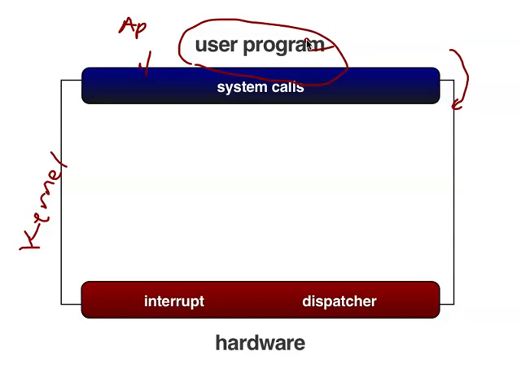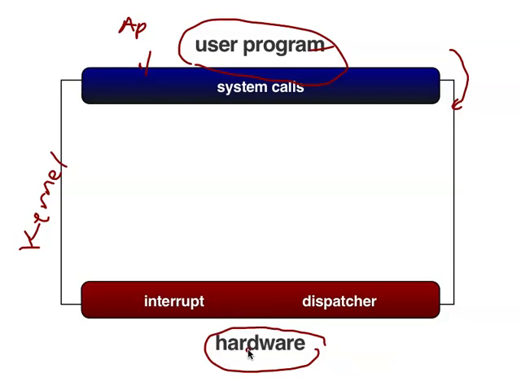There is another way you can go from user mode to kernel mode, and that is if something is initiated from below by the hardware. If you've taken 2100, you're familiar with different hardware and how interrupts work.